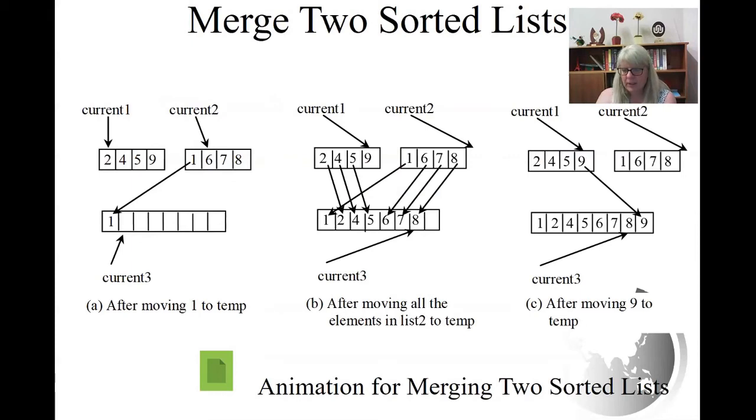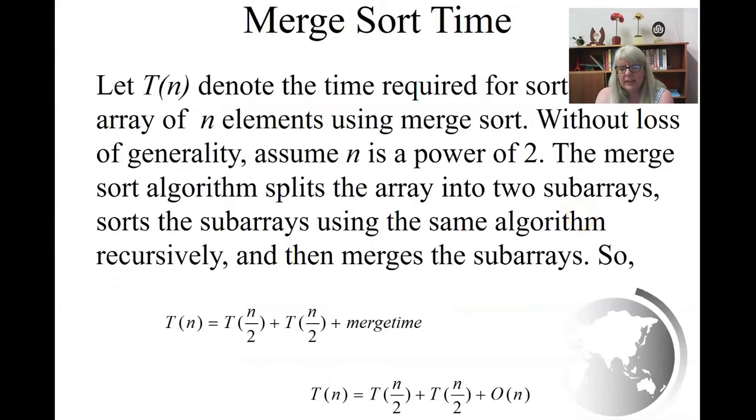This diagram just explains more. They do an analysis here. They say it's easier if n is a power of 2: you split it into 2 subarrays and you sort it using the same algorithm recursively.